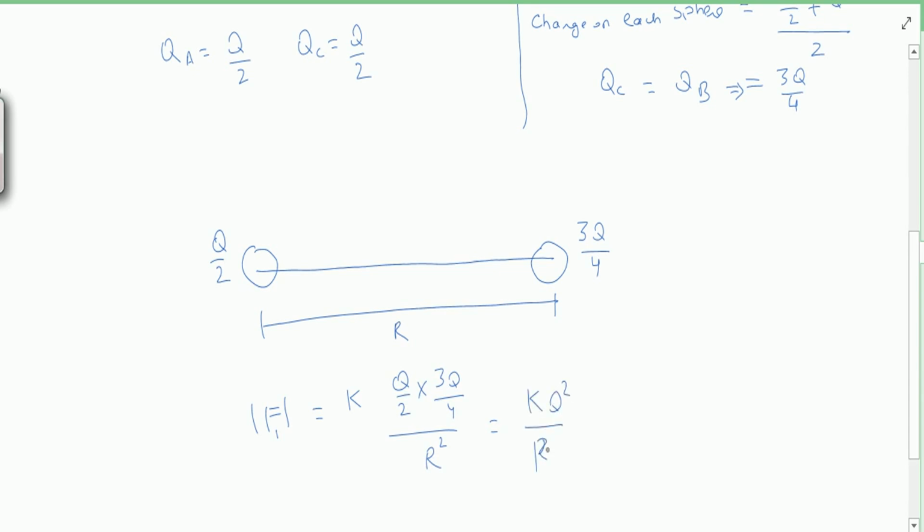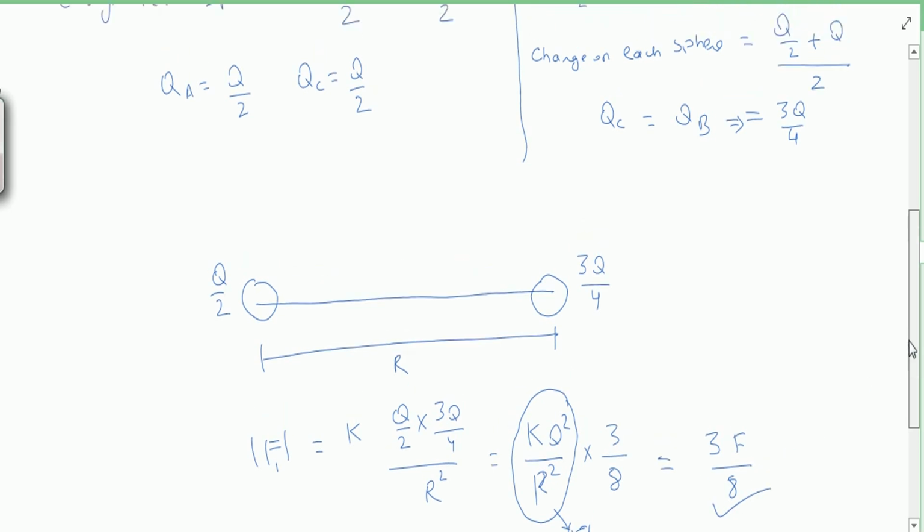So it becomes kq square by r square into 3 by 8, because 2 into 4 is 8. I can write this as 3F by 8, because this term is nothing but the previous magnitude of force. So this is the force acting now between these charges.